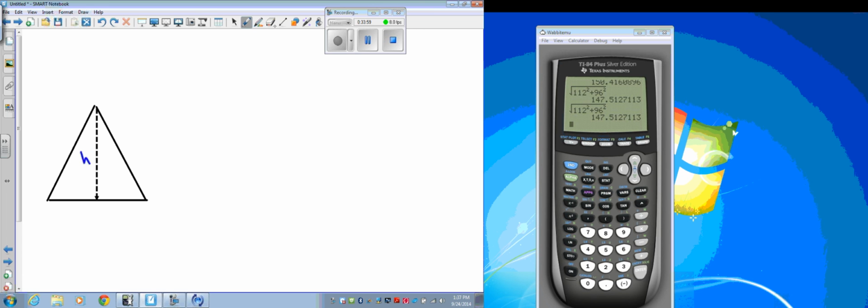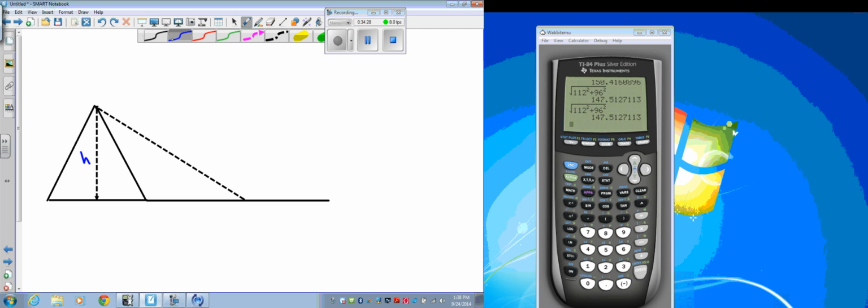So out on this extended line from the bottom of the pyramid, it's not telling you how far out, but it's just saying that at some point out here, they shot a line up here, and they found that it was 35 degrees, 30 minutes.